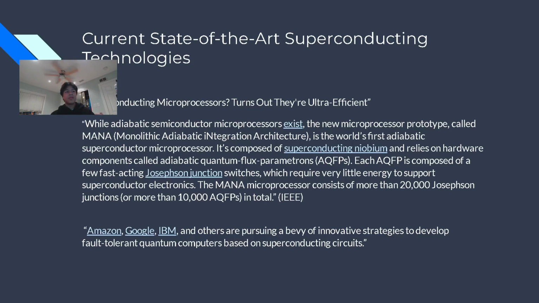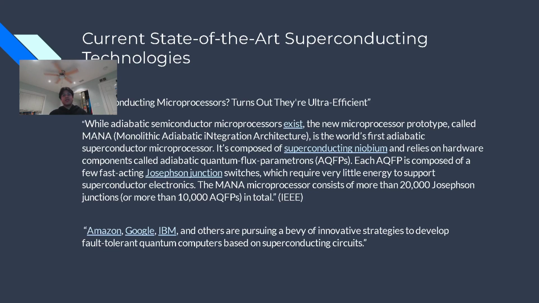And a lot of other companies, such as Amazon, Google, and IBM, are also trying to develop fault-tolerant quantum computers based on superconducting circuits as well. So Amazon actually explores cat qubits for stability against errors. I think this might be related to Schrodinger's cat. I have no idea. But it focused on bit flips, and this approach is actually less vulnerable to environmental noise.